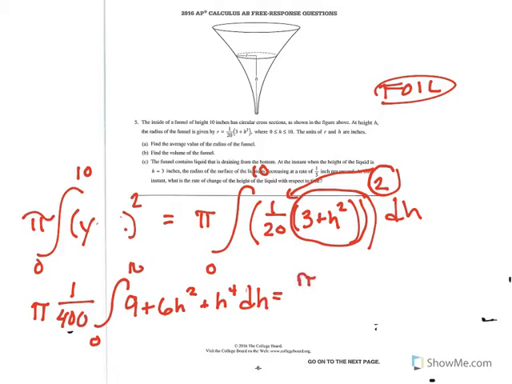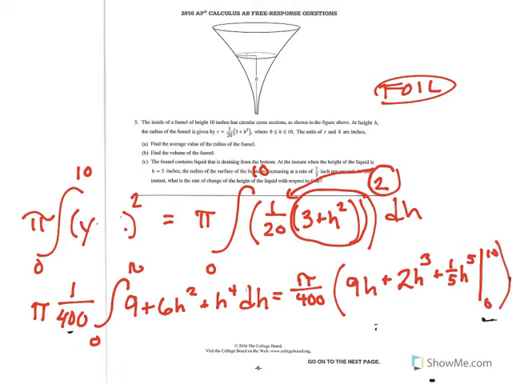So now I'm ready to integrate away. I'm going to keep my pi over 400 outside. And I'm going to integrate, and I'm going to get 9h plus 6 over 3, which is 2h to the third. How do I know? Bring that down, I get 6h squared, plus 1/5 h to the fifth from 0 to 10. And once again, that 0 isn't going to come into play.